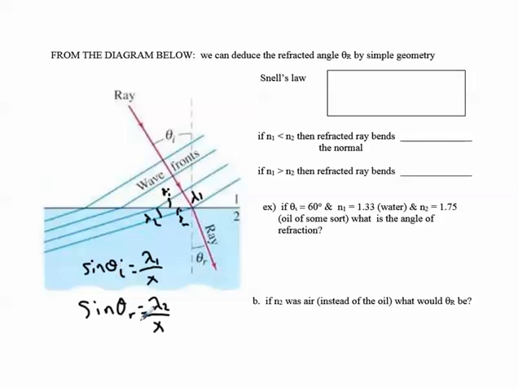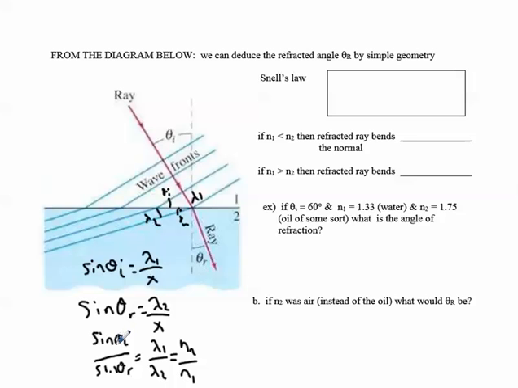And if we divide the two equations, then we see that sine of theta I divided by sine theta r equals lambda 1 over x divided by lambda 2 over x, which is nothing more than lambda 1 over lambda 2. And if you recall from our previous lesson, lambda 1 over lambda 2 is the same as n2 divided by n1.